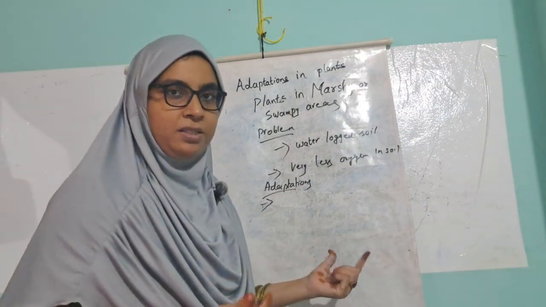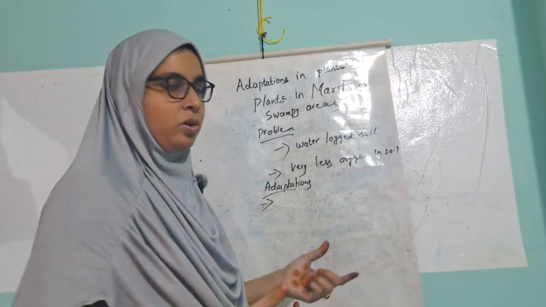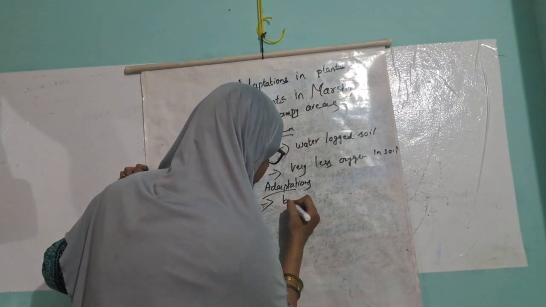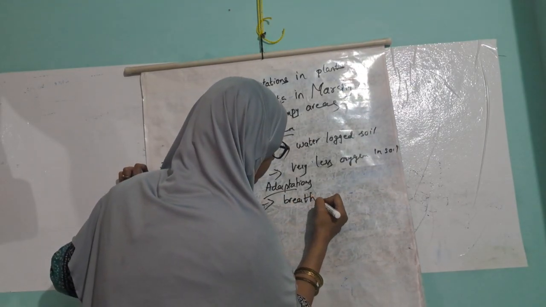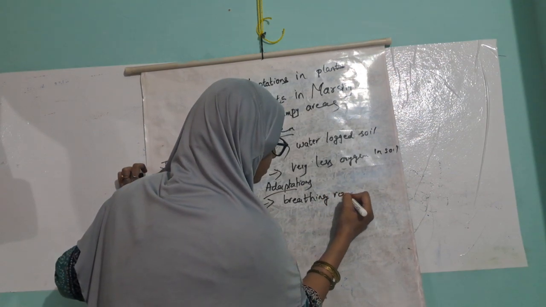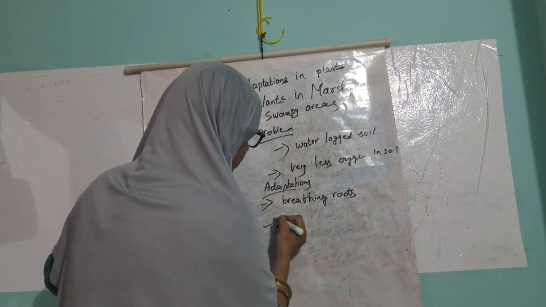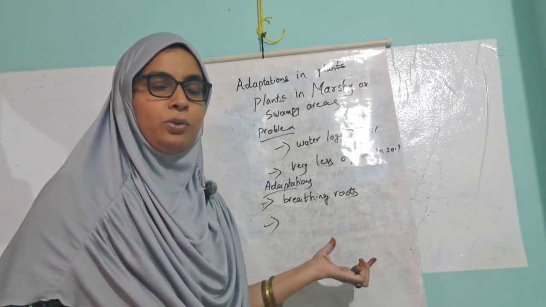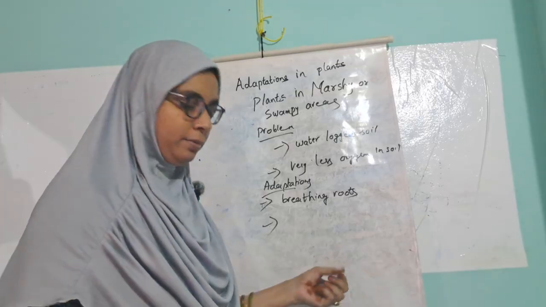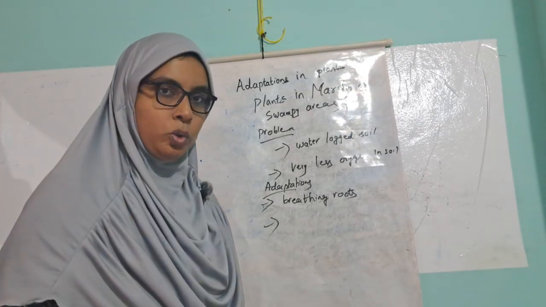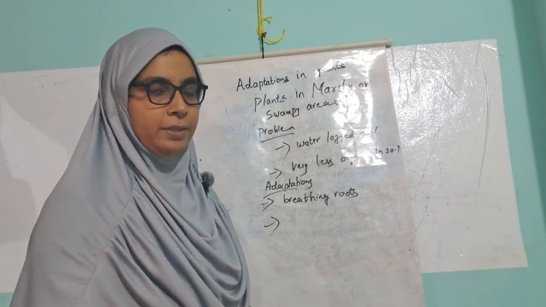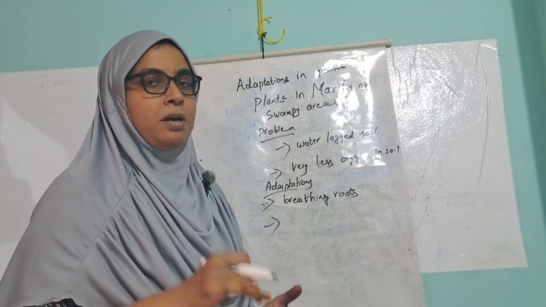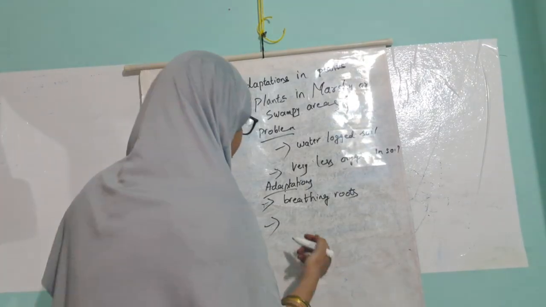They have breathing roots that come above the soil. Breathing roots means aerial roots. These aerial roots come above the soil and the roots absorb oxygen from air, not soil. The roots absorb oxygen from air.